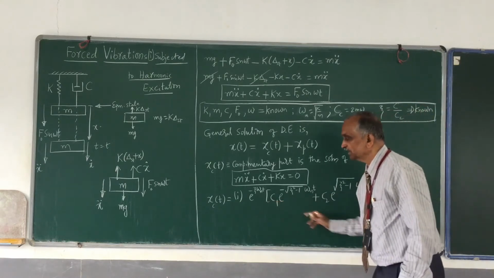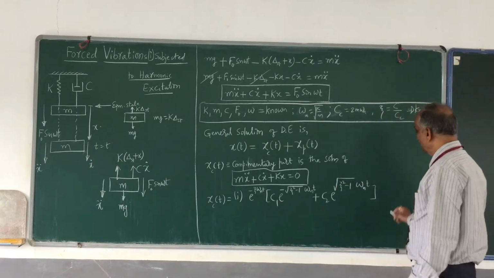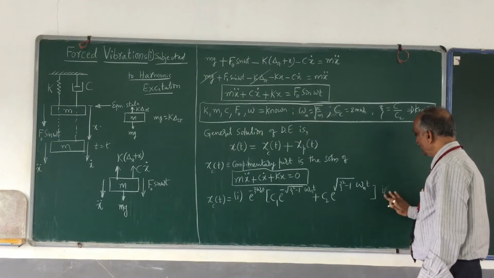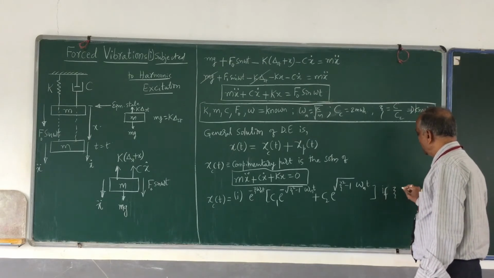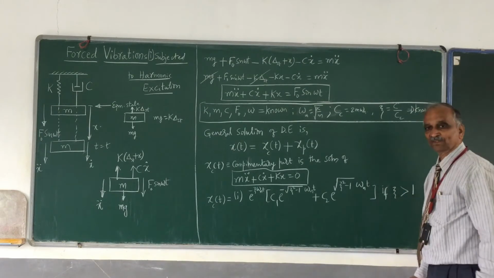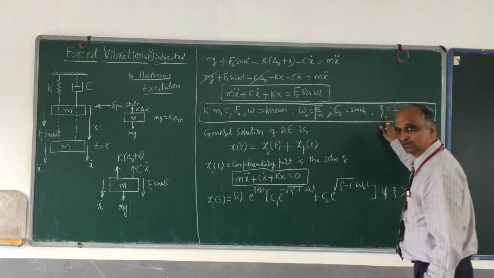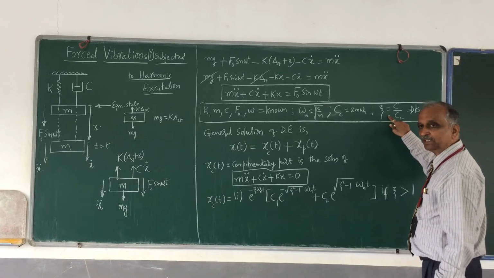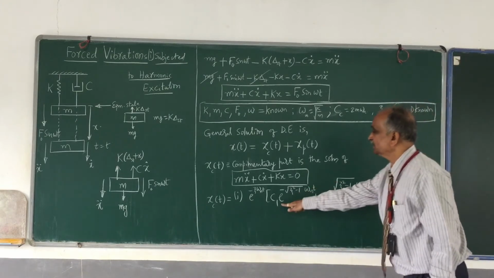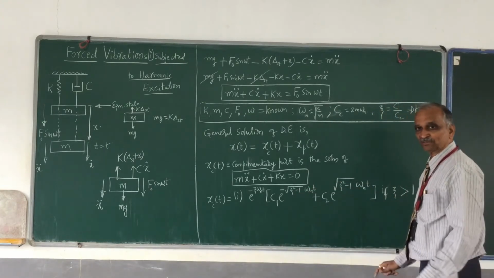This is the overdamped system, if zeta is greater than 1. If zeta is more than 1, then xc is this.